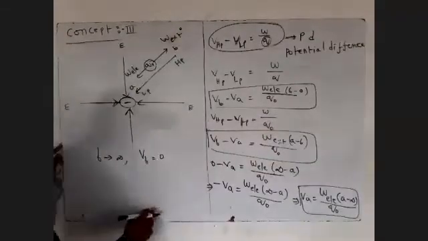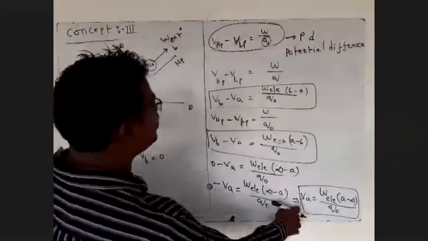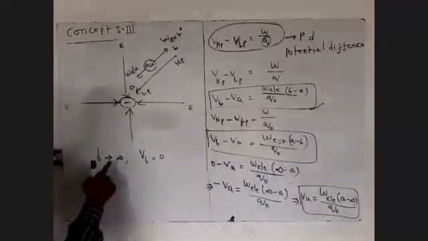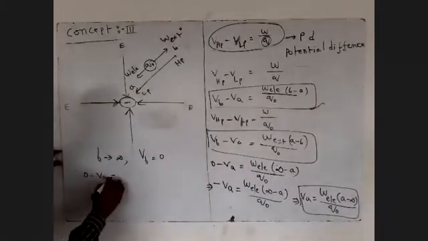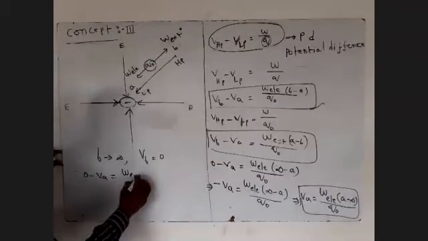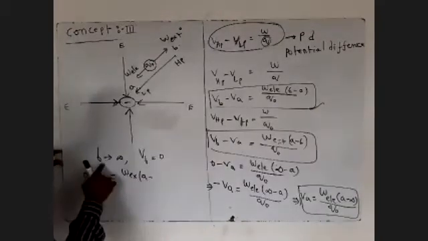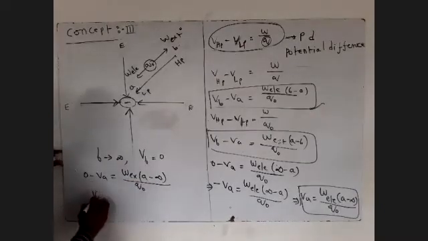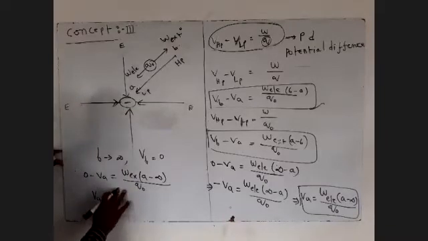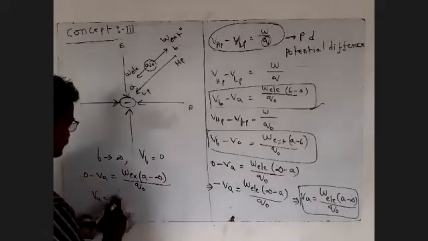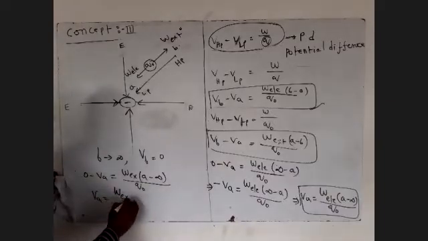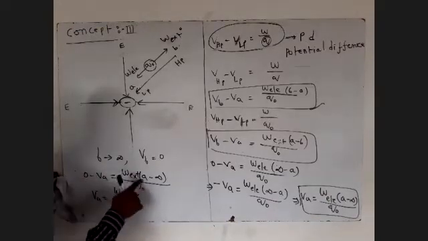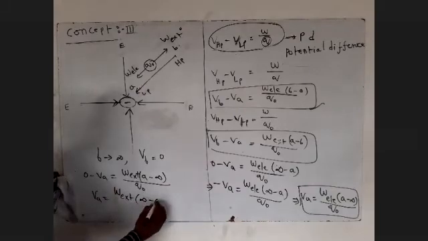What is the next formula? This formula is over. Next, VB: 0 minus VA is equal to W external from A to B, where B is infinity, by Q naught. This minus is multiplied through the equation, so VA is W external from infinity to A by Q naught.